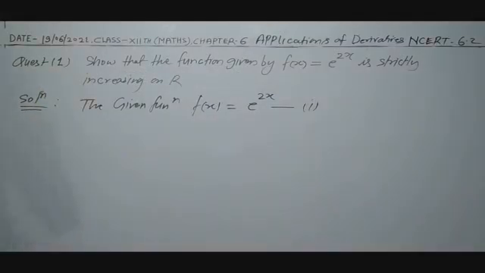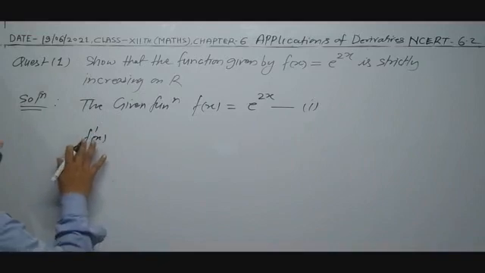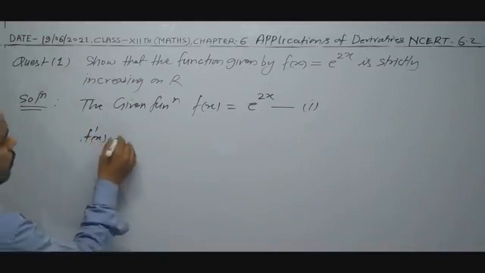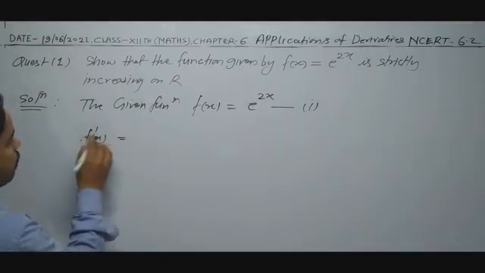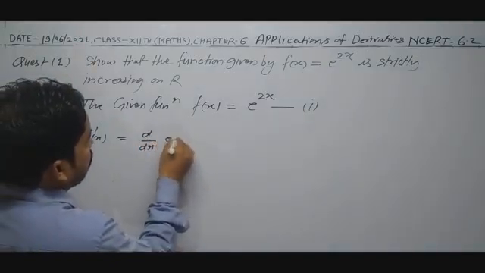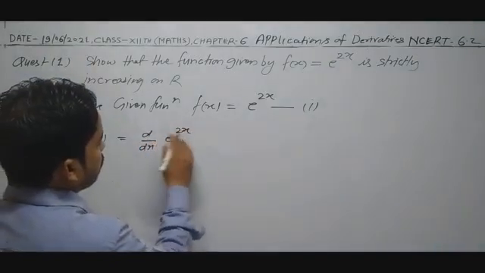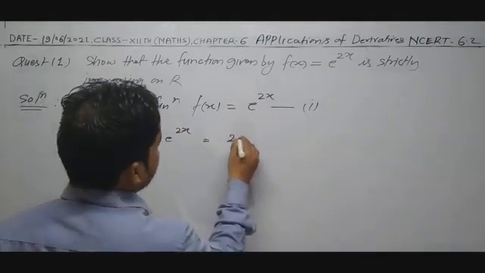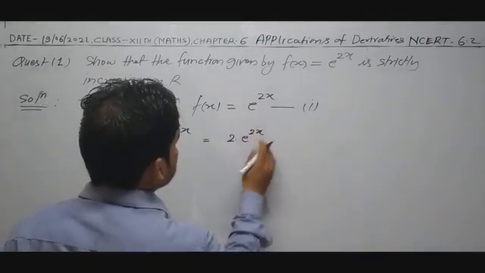First of all you will differentiate the function. Then f dash x, what will be the value? d by dx of e to the power 2x, and the result you will get is 2 times e to the power 2x.